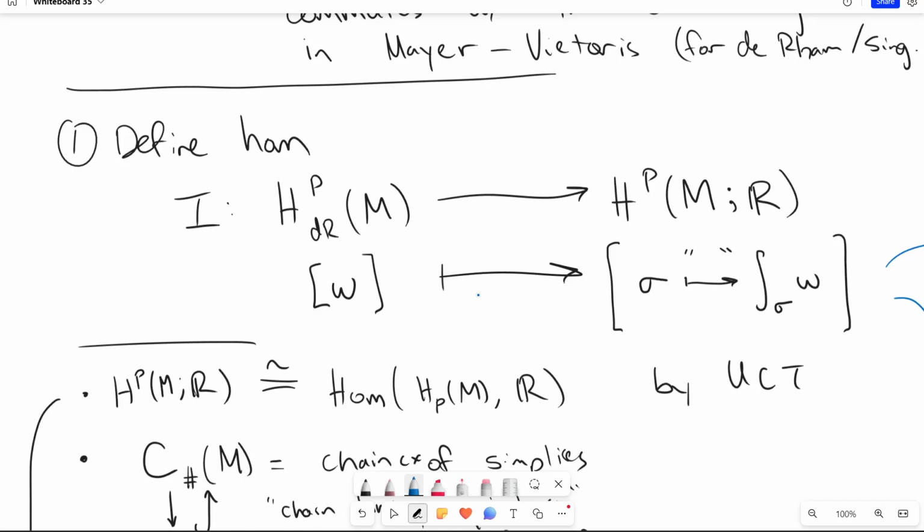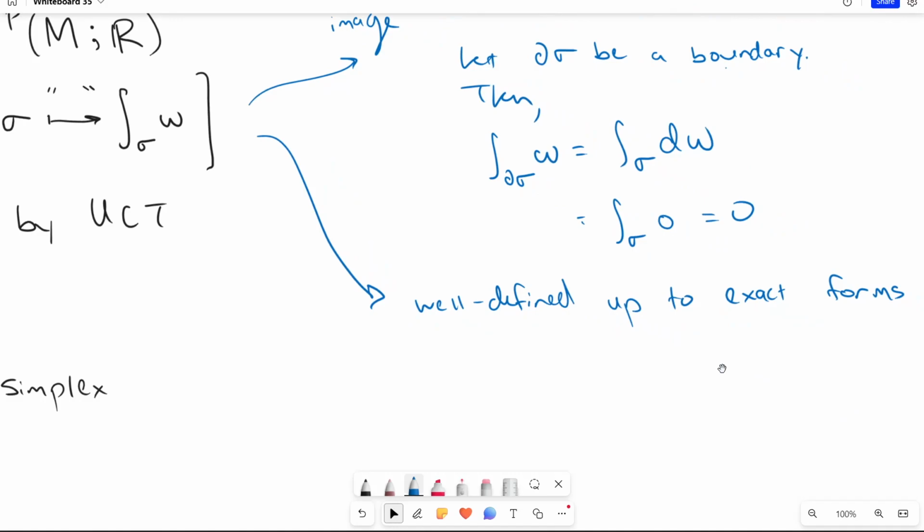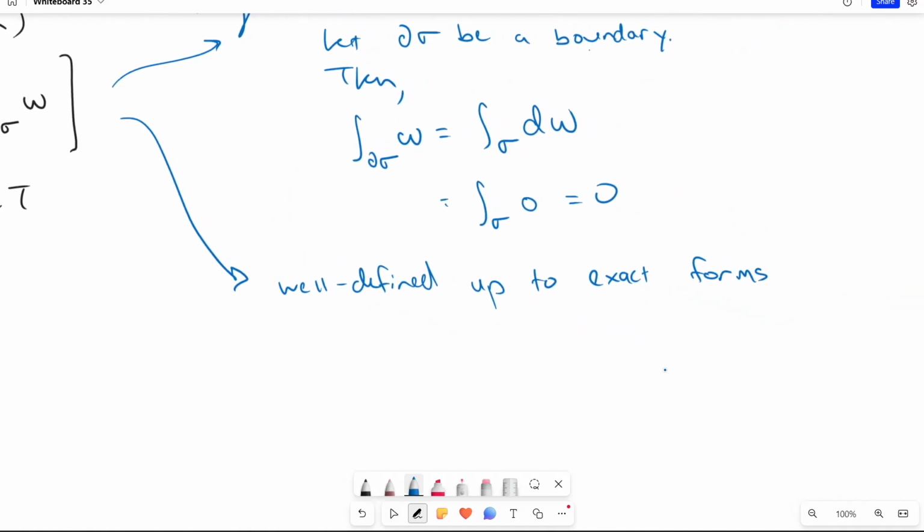We want to see that we get the same answer on the right-hand side. So really what we need to show is that exact forms are sent to coboundaries.